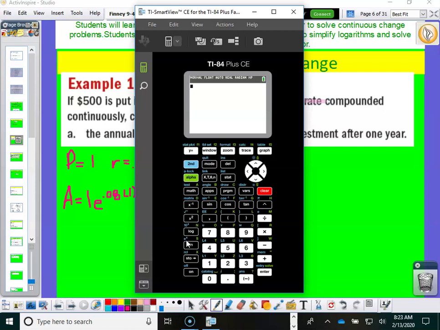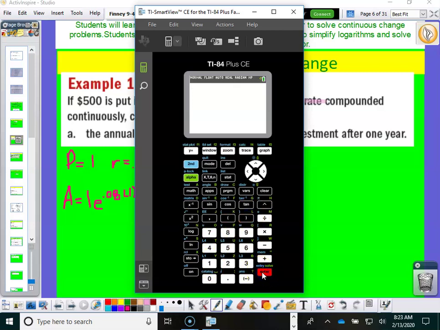If I just want to type E, over here on the division key, there's an E above it in blue, and that is the number E. All of the letters that are portrayed on here as alphas are in caps and they're in green, but this is the number E. So you could do second natural log, and we've got E to the 0.08 times 1, and that is our exponent.